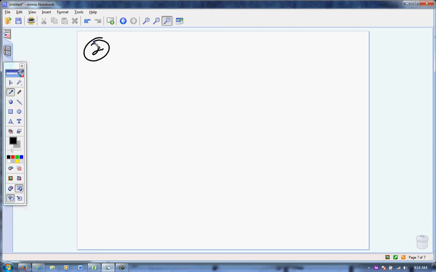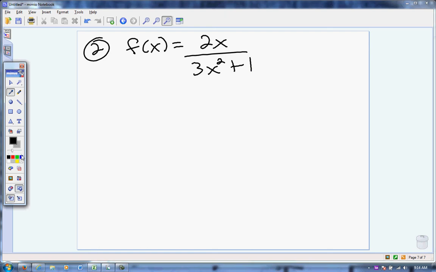How about f of x equals 2x over 3x squared plus 1? Well, same process. Let's set my denominator equal to 0 to find my vertical asymptote.